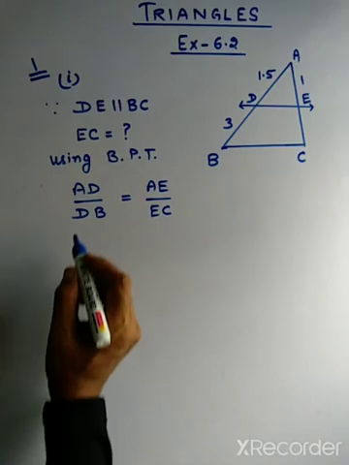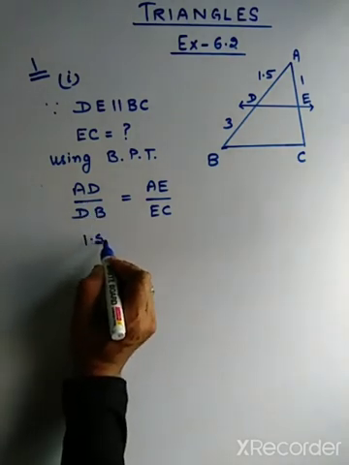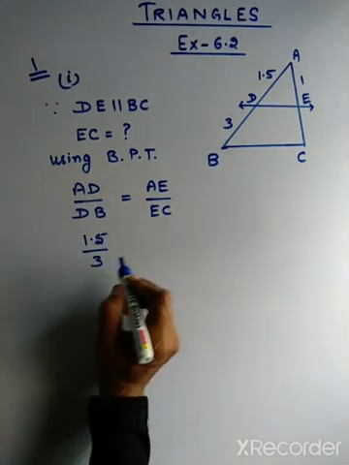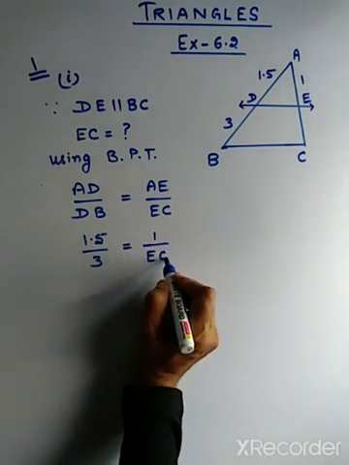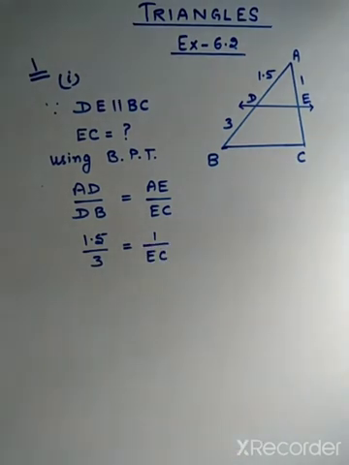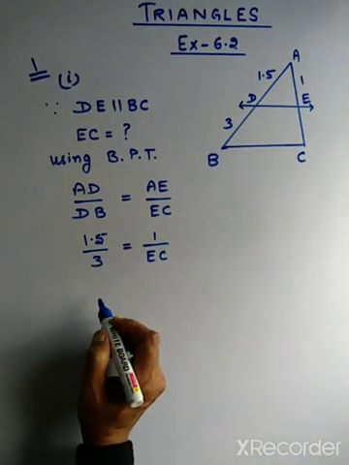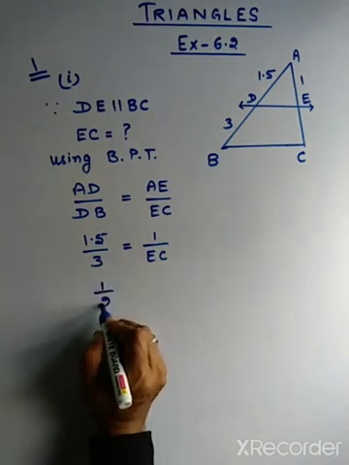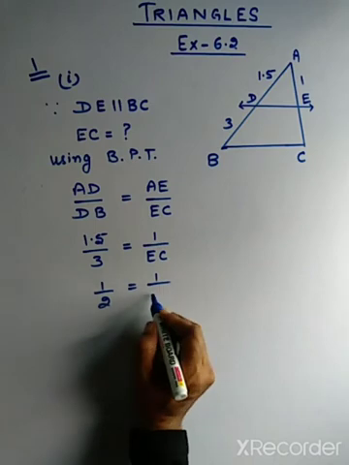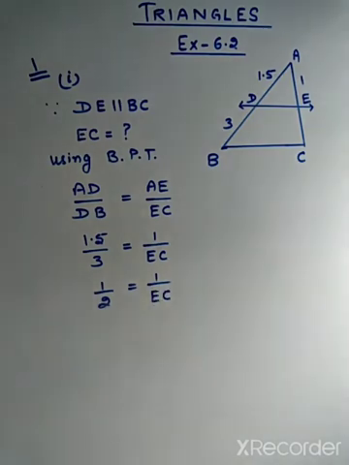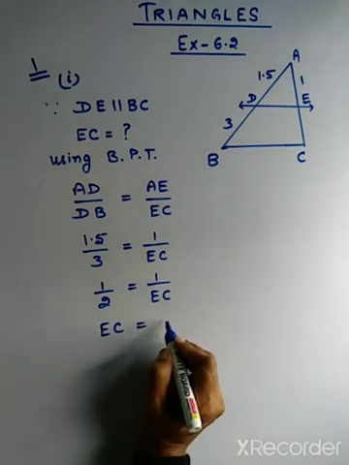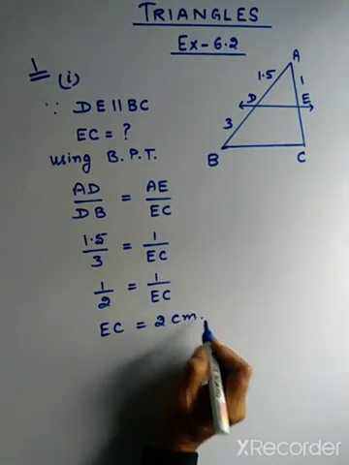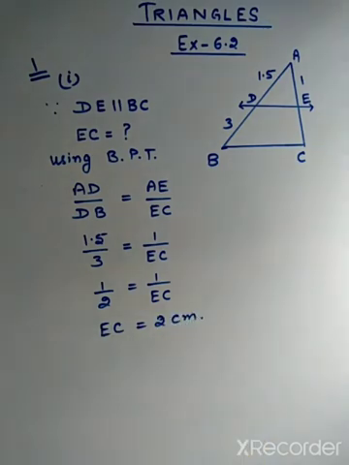Now putting the value, AD is 1.5, DB is 3, AE equals 1, and EC we have to find. Now 1.5 upon 3 will be 1 by 2 equals 1 upon EC. So cross multiplication, EC equals 2 cm.